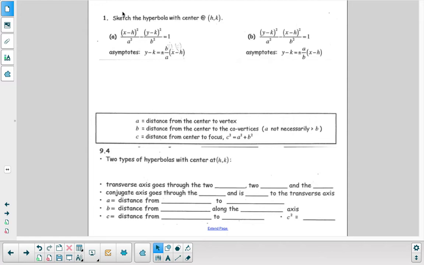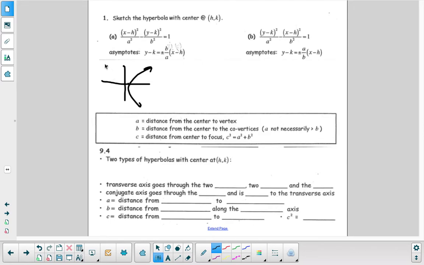But just getting into it, a hyperbola is any graph that will look like either this or this. Basically, it kind of looks like two parabolas.